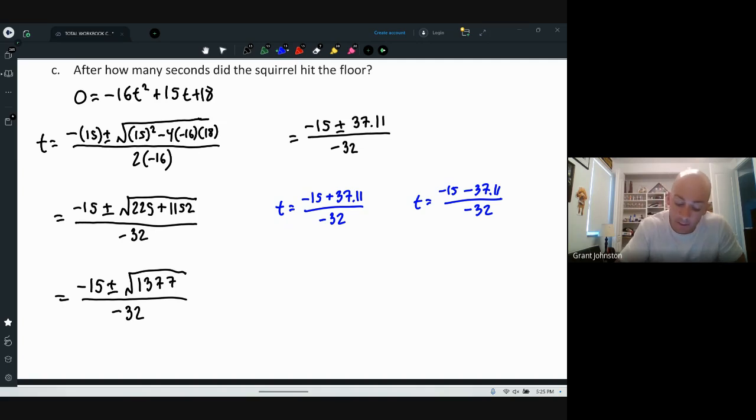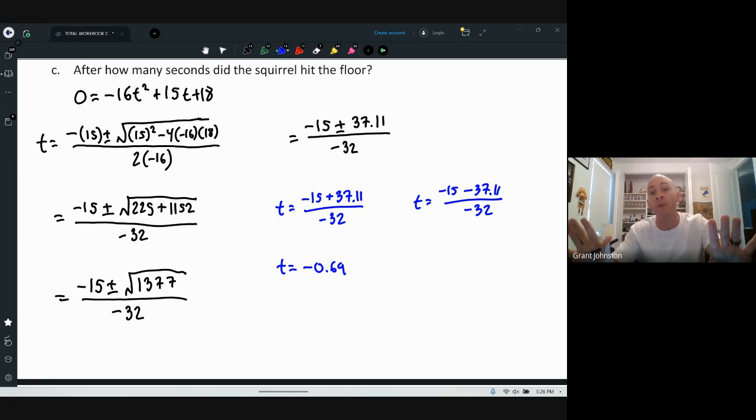Let's go ahead and get these. I'm going to type this all in at once. Negative 15 plus 37.11 equals 22.11, divided by negative 32 equals, if I round, negative 0.69.